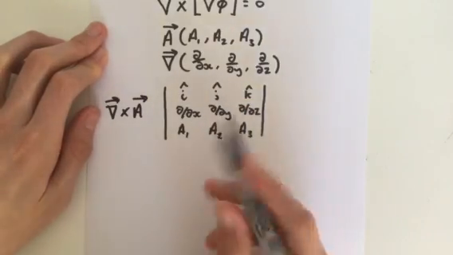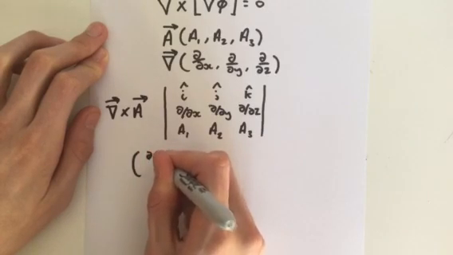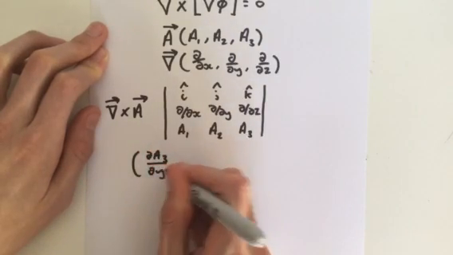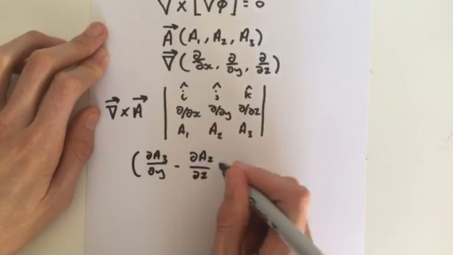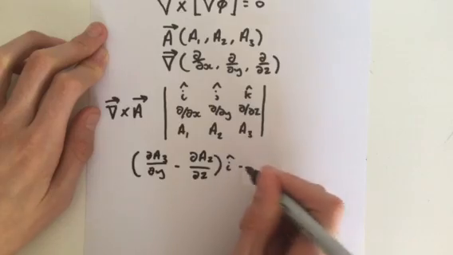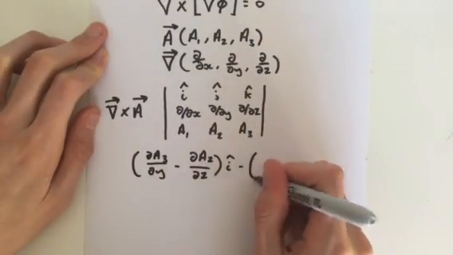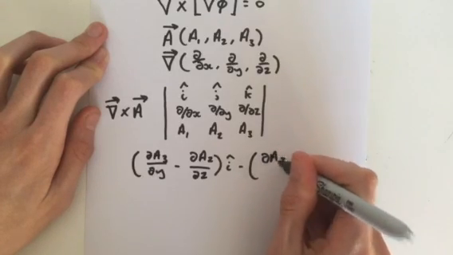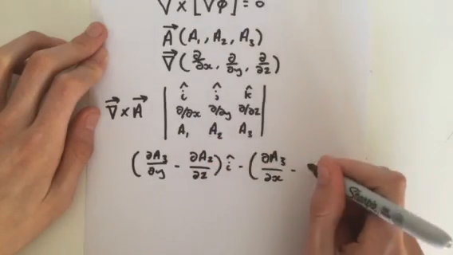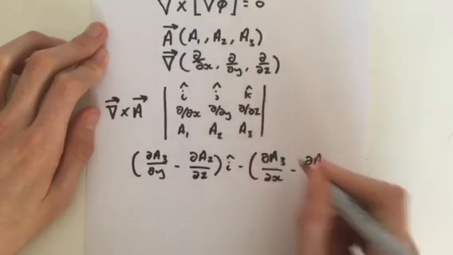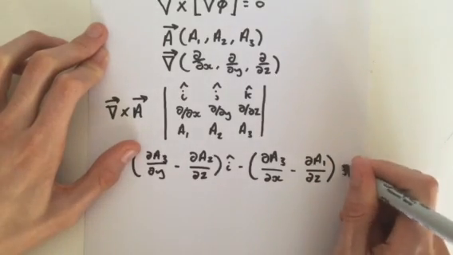So we get the partial derivative of A3 with respect to y minus the partial derivative of A2 with respect to z, times i. Now we subtract, cover up the j column: partial derivative of A3 with respect to x minus the partial derivative of A1 with respect to z, times j.